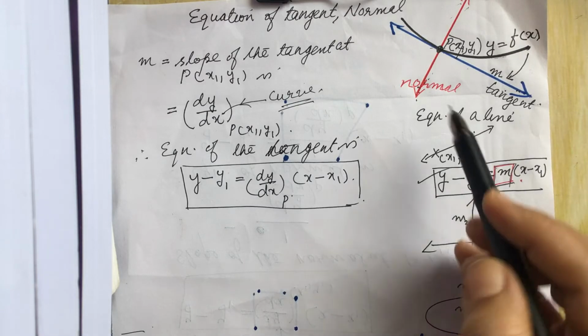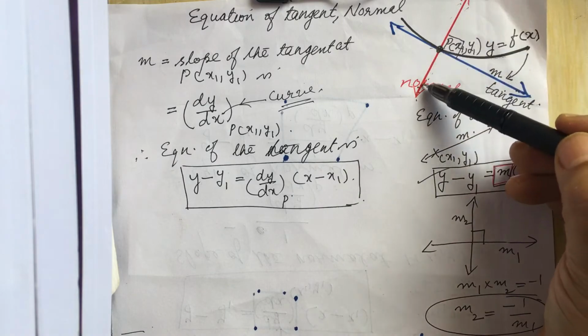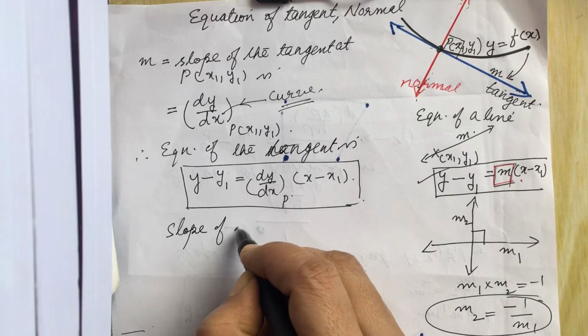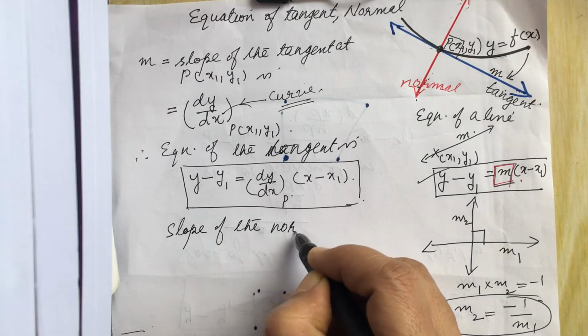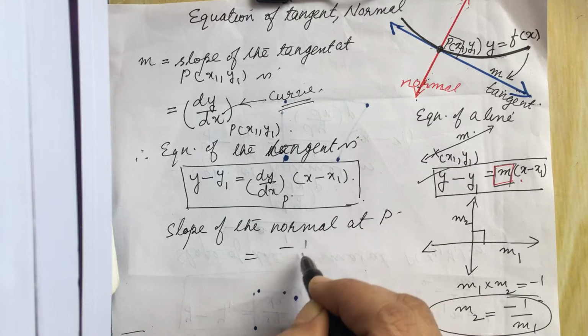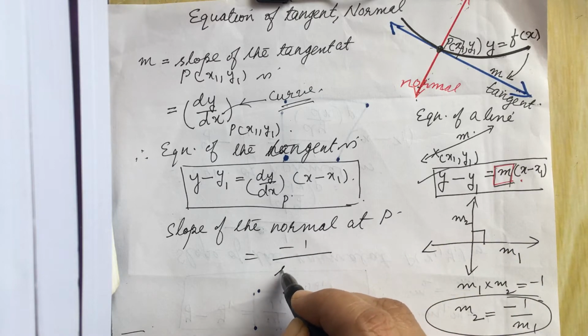So this we will be using to find the slope of the normal. So the slope of the normal at P is equal to minus 1 by the slope of the tangent.